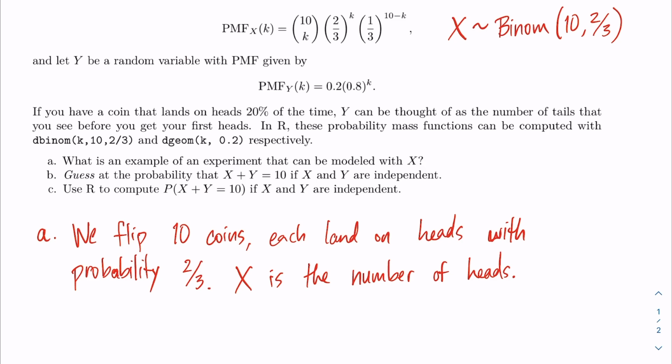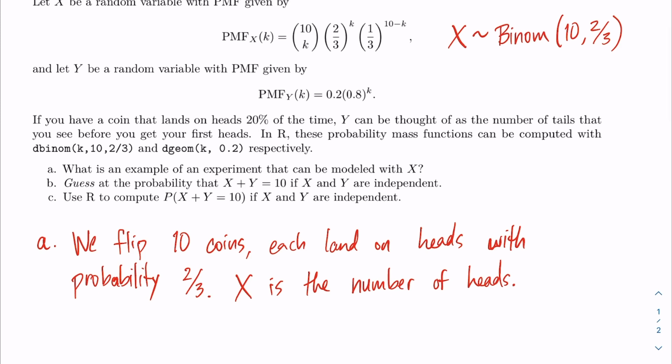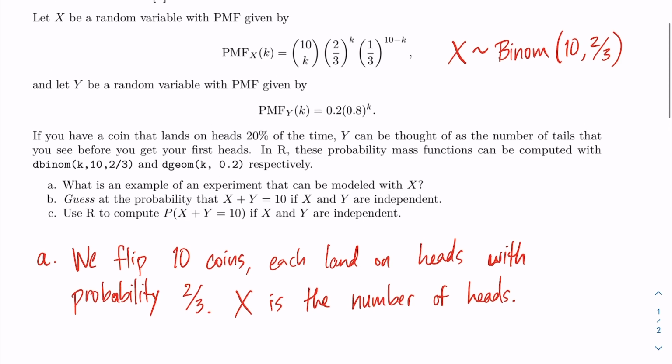Okay, next I want to guess at the probability that x plus y equals 10 if x and y are independent. I don't remember the answers, so I'm going to make an honest-to-God best guess here. Typically we're going to get our head on average on the 5th try, so we're going to get about 4 tails on average.